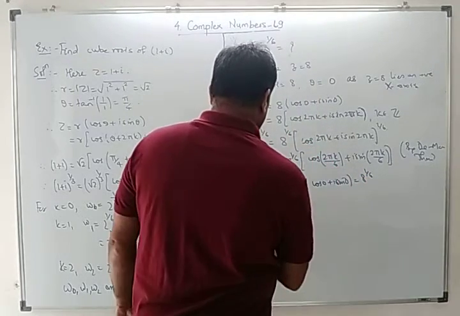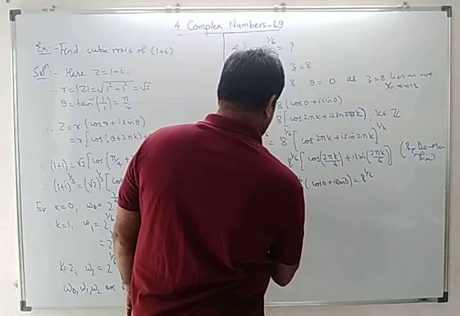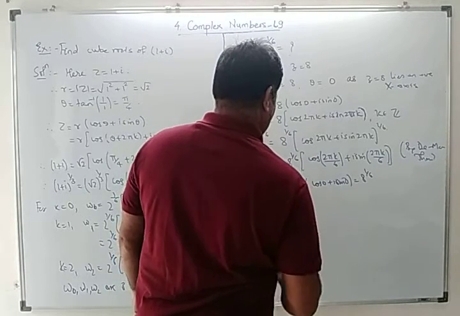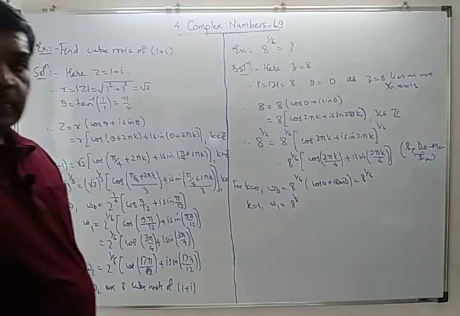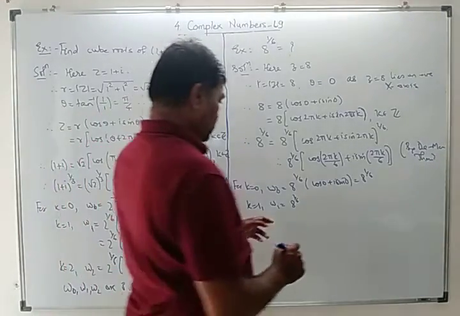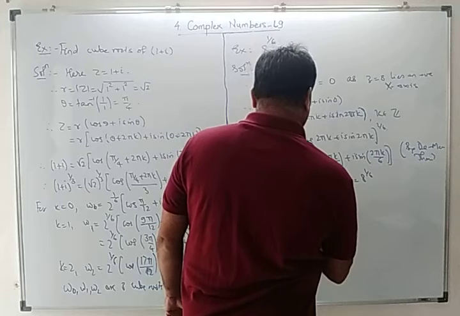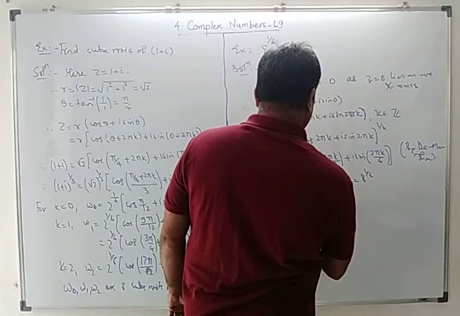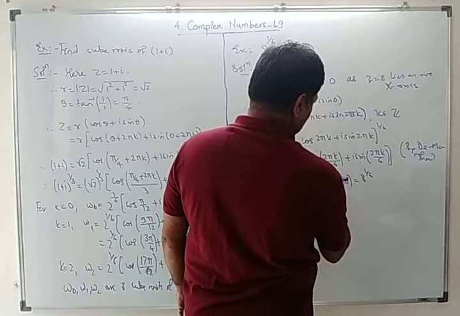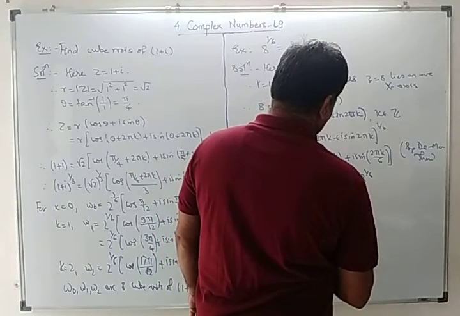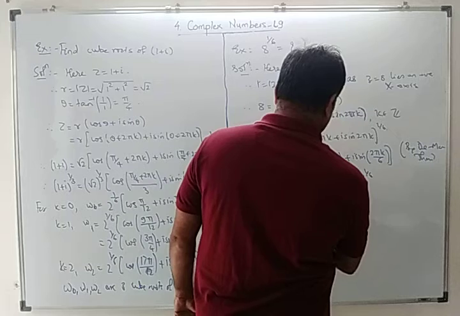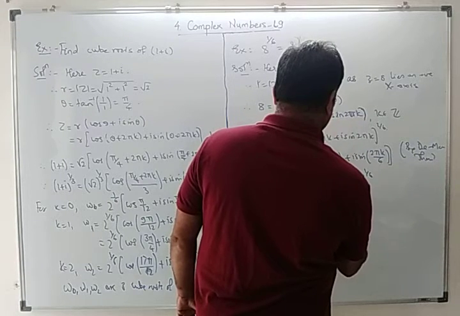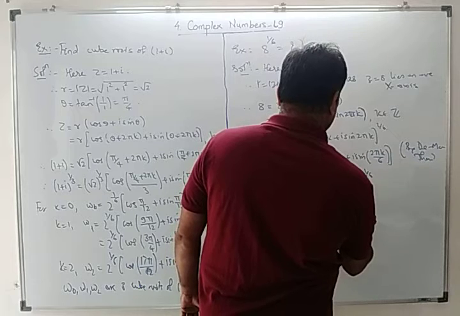For k equal to 1, W1 is equal to 8 raised to 1 by 6 into cos pi by 3 plus i sin pi by 3.